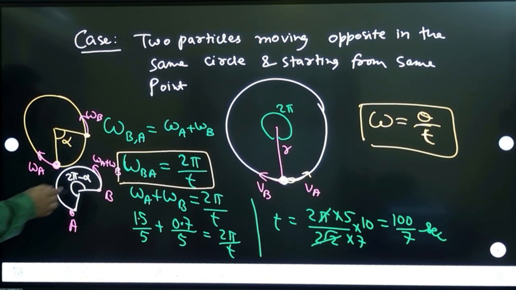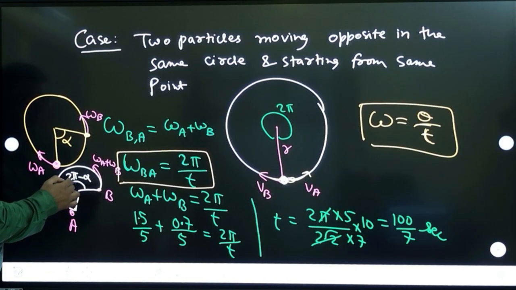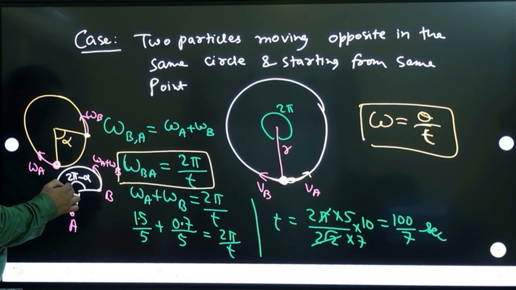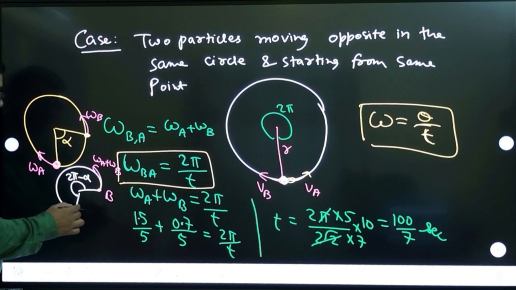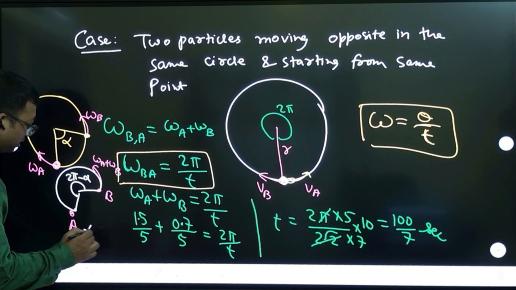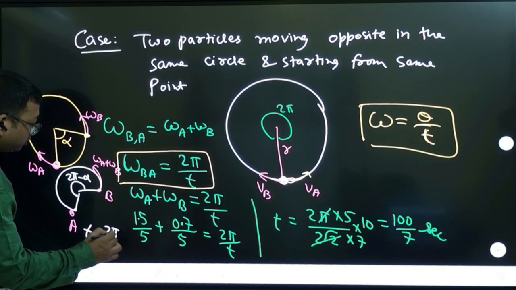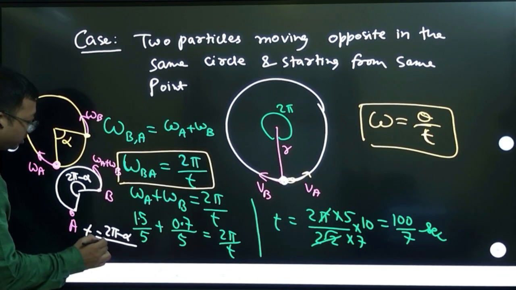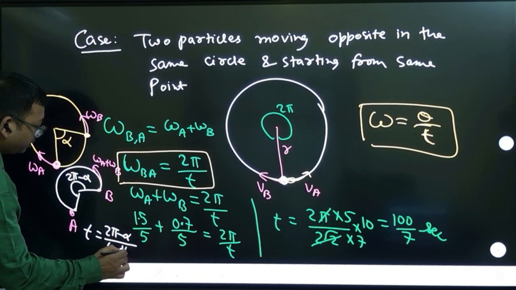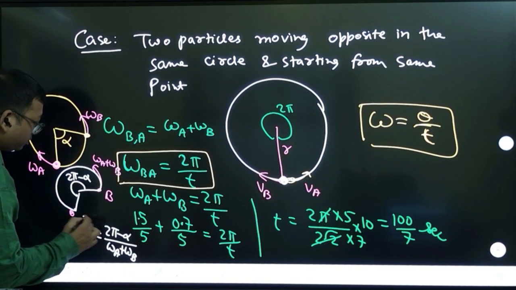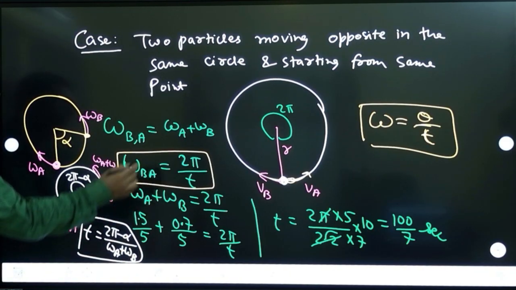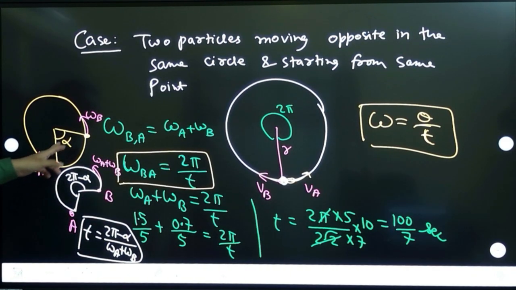So then time is this divided by this. In this case the formula can be time is equal to the angle 2 pi minus alpha divided by omega A plus omega B. We can apply this. Previously it was 2 pi because alpha was 0, right?